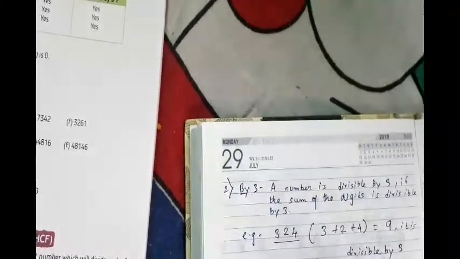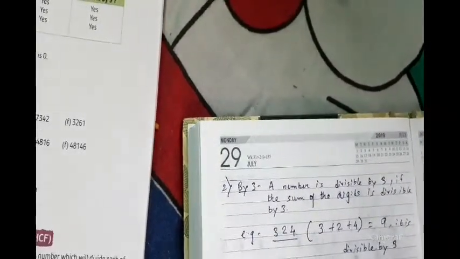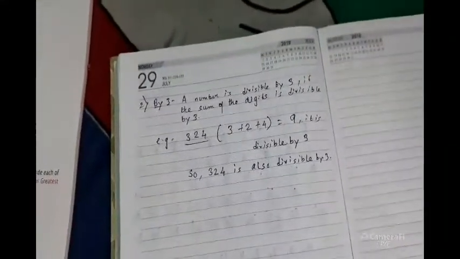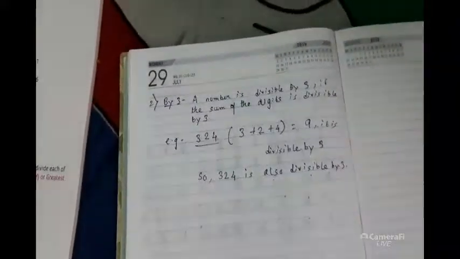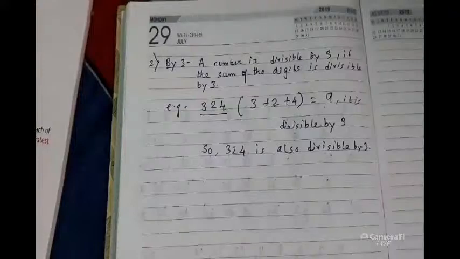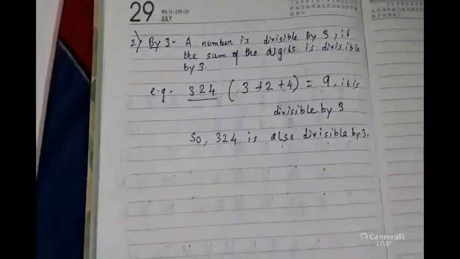So 324 is also divisible by 3, as by adding the digits 3 plus 2 plus 4, we are getting 9. So when the sum is divisible by 3, therefore 324 is also divisible by 3.